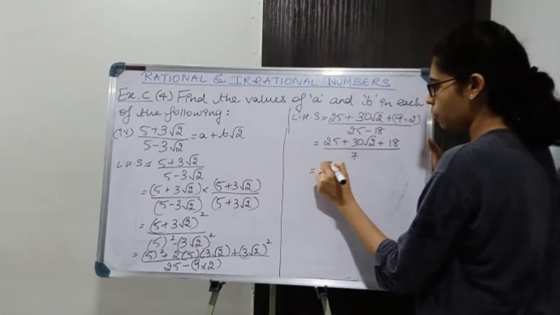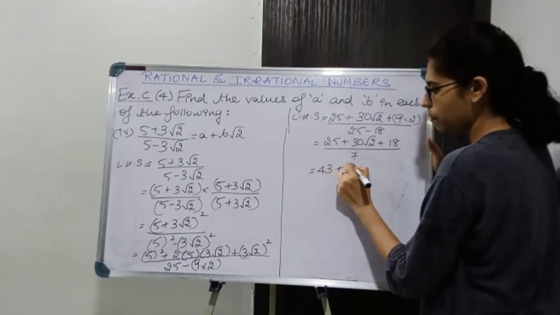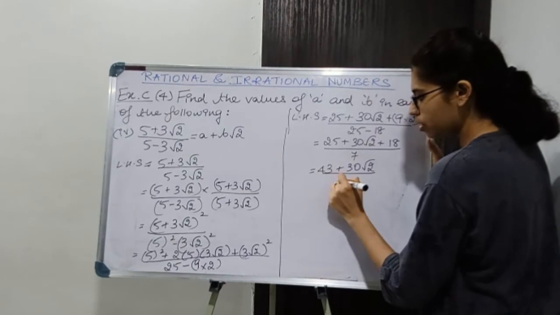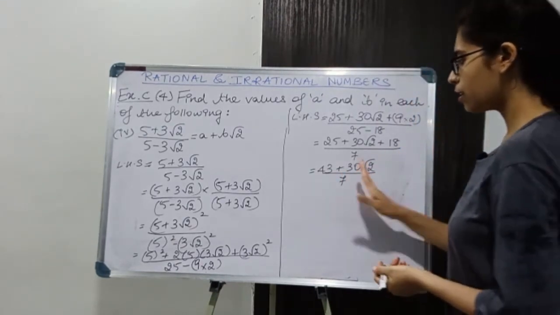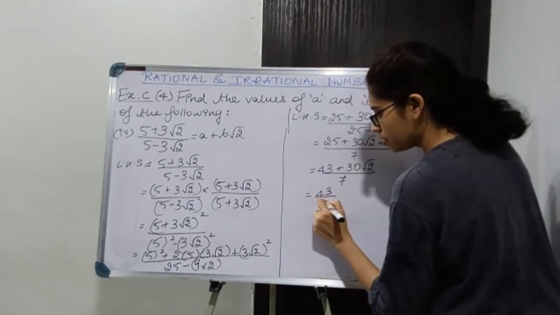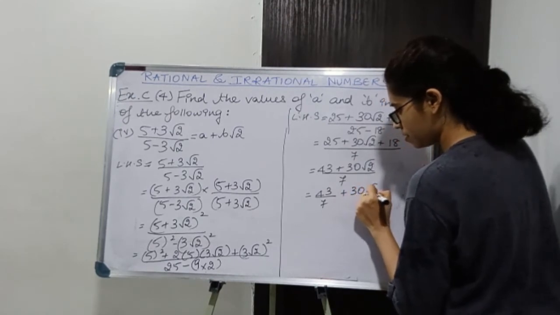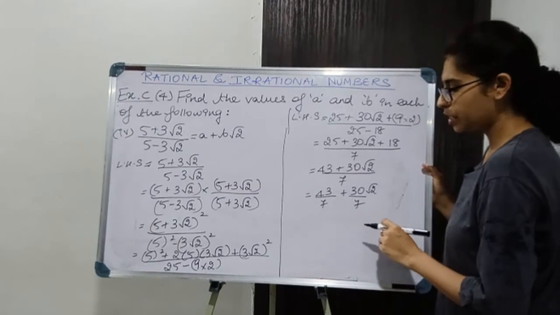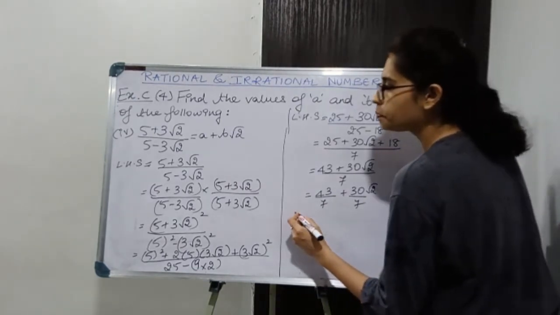Now 25 plus 18 is going to give me 43 plus 30√2 upon 7. Nothing is common, nothing is canceling out, so I will distribute the denominator. So I have 43/7 plus 30/7 √2.